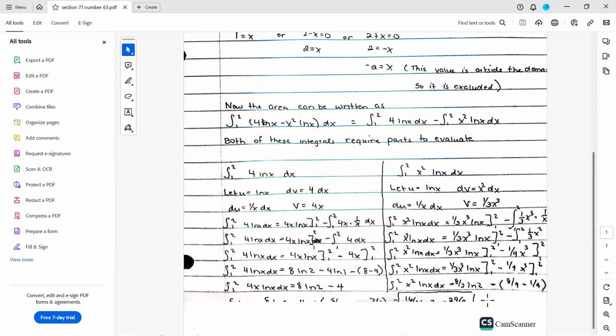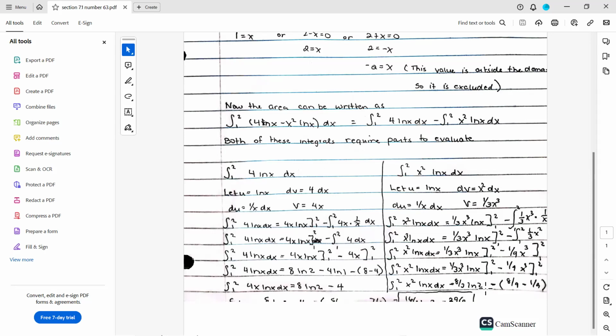Now, why is that? Because you have 8 ln 2 minus 8/3 ln 2. So you have to get a common denominator there. 8 ln 2 is the same as 24/3 ln 2. 24/3 minus 8/3 is 16/3. So 16/3 ln 2.